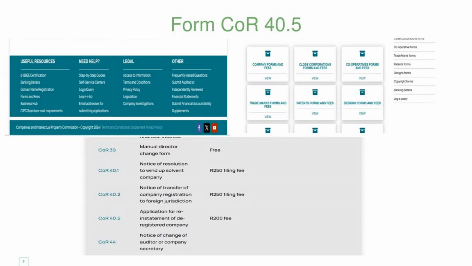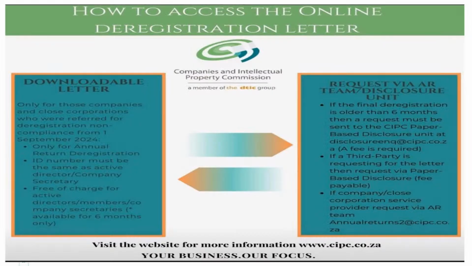Click on that icon and you will get the page at the bottom of my screen, the gray shaded form page where all the forms are available. Please click on that form and you will be able to download the forms that you require. Isn't that so easy? Now, this picture that I have in front of you is how to access the online deregistration letter.